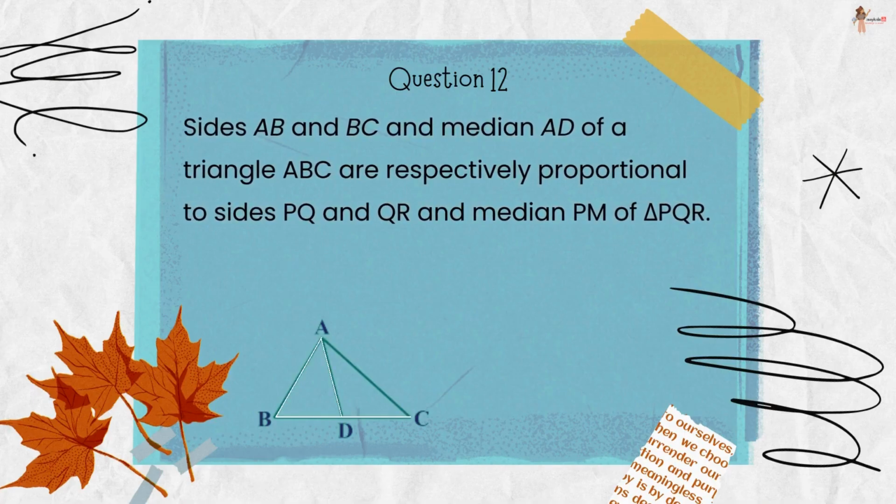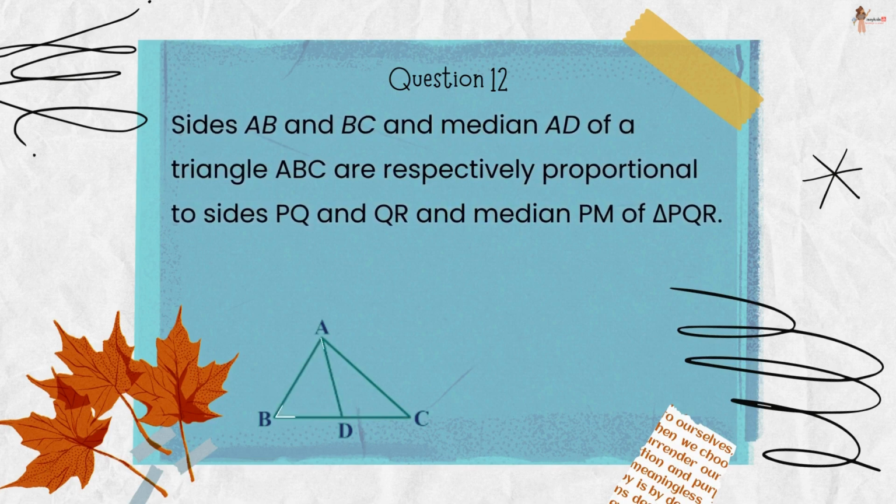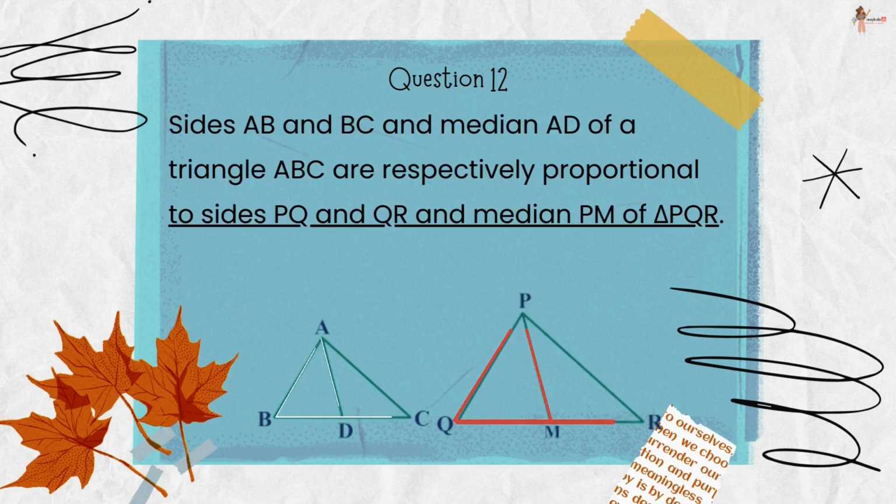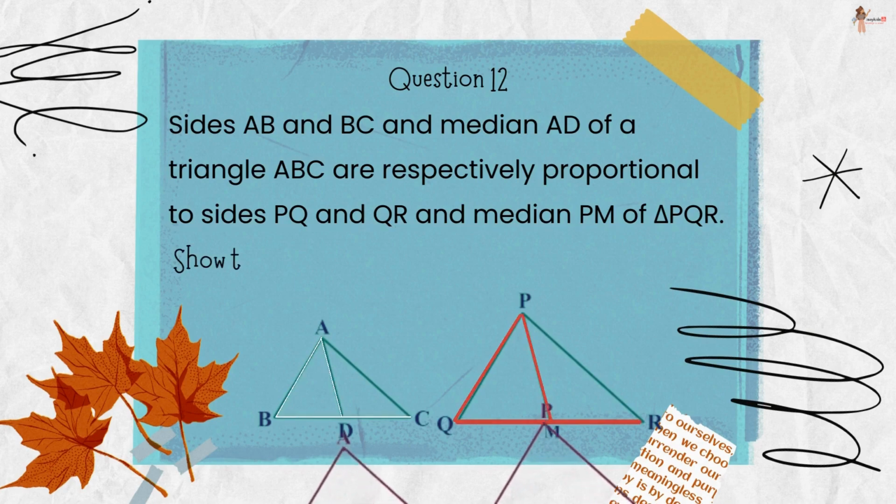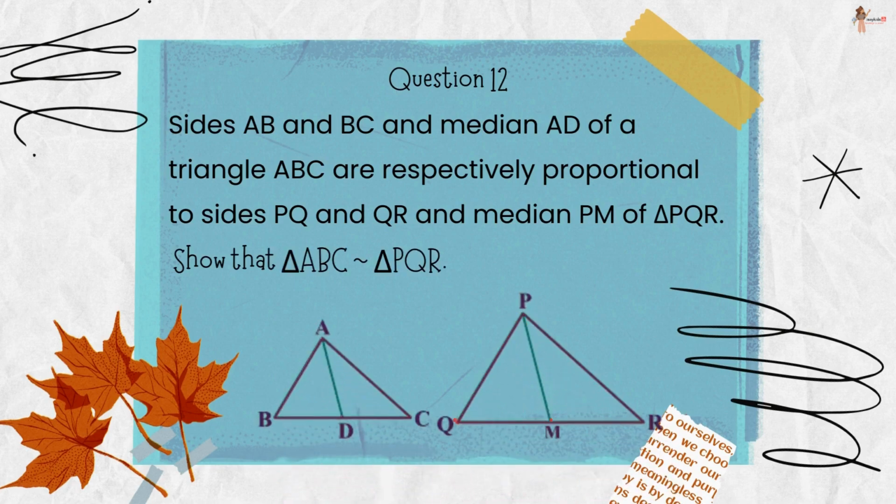Sides AB and BC and median AD of a triangle ABC are respectively proportional to sides PQ and QR and median PM of triangle PQR. We need to show that triangle ABC is similar to triangle PQR.